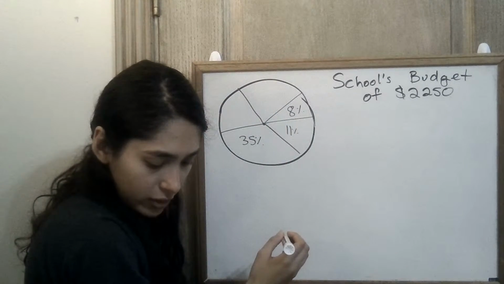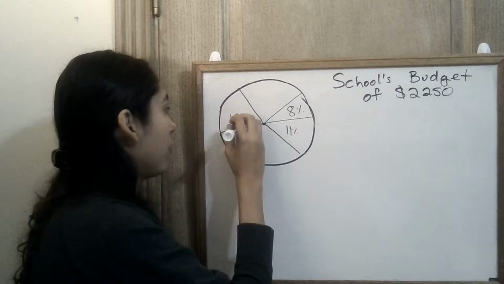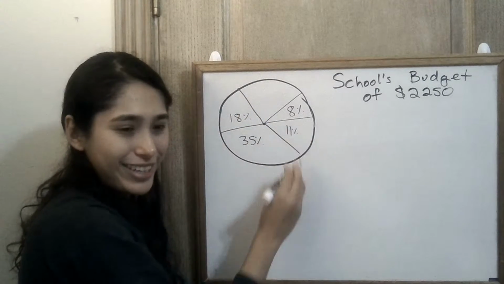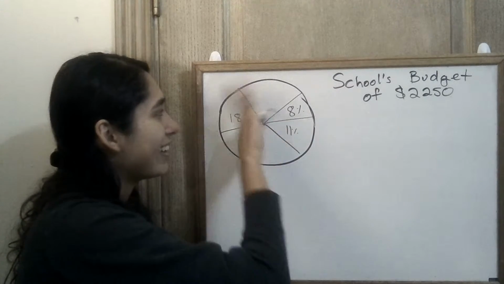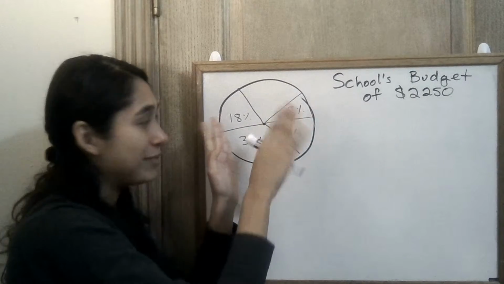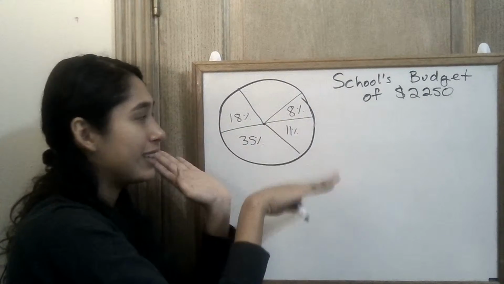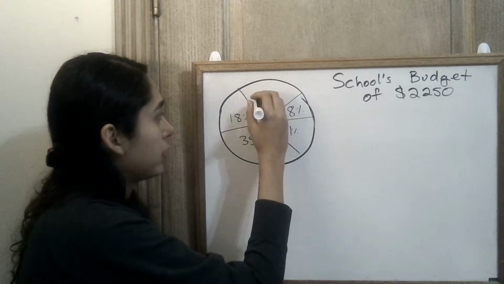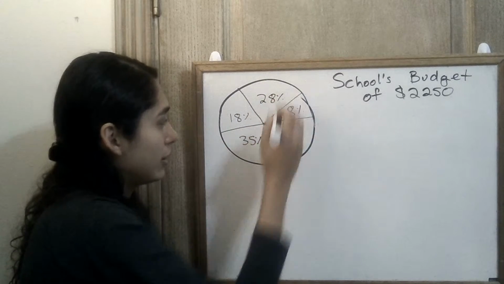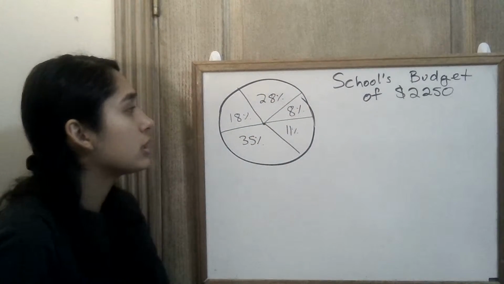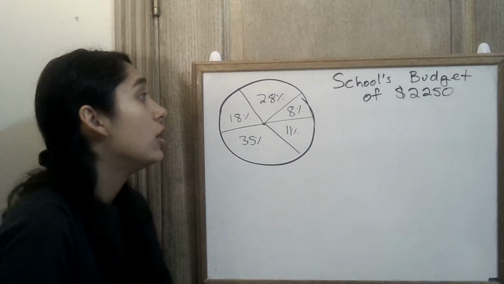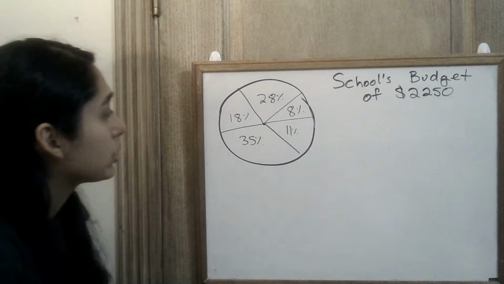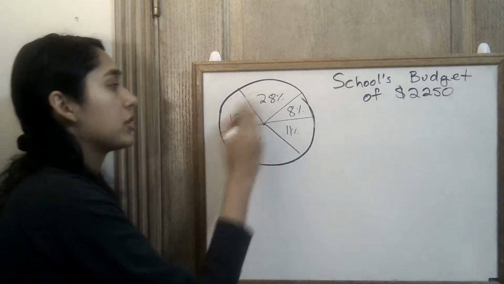What I love about PowerPoint is that you just enter the percentages, and it'll automatically calculate the different sizes of each slice in the circle. Okay, so this is a school's budget of $2,250, and these are different percentages.